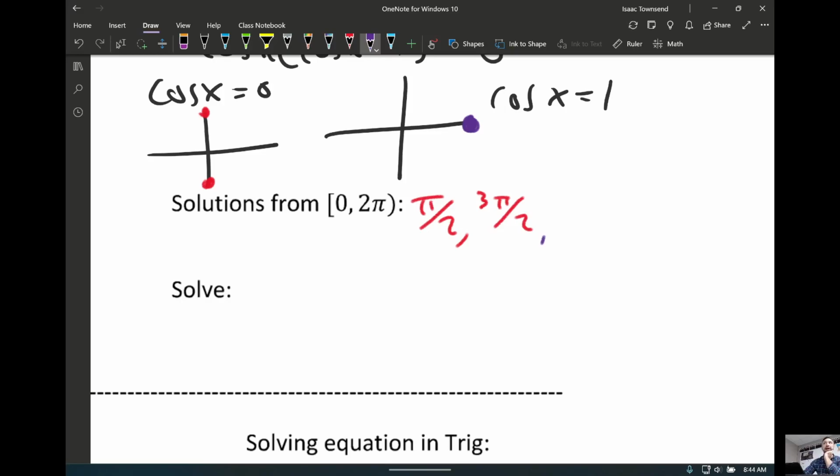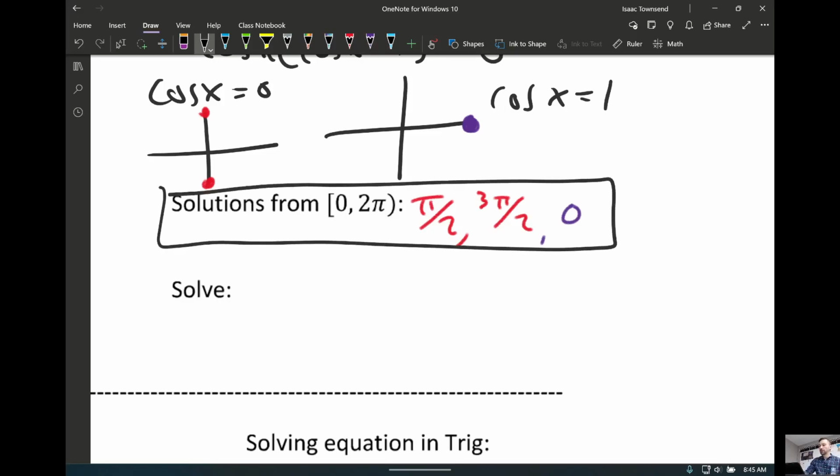Okay, why does it have to be 0? Because 0 is included. Right, so notice this bracket means you would include 0, parentheses means you don't include 2 pi. So answer is including 0 up to 2 pi, but don't include 2 pi. 2 pi is the right location, but those directions are saying name it 0, not 2 pi.